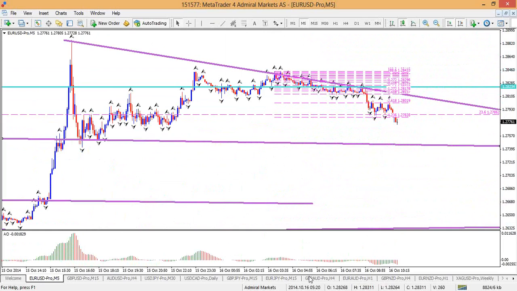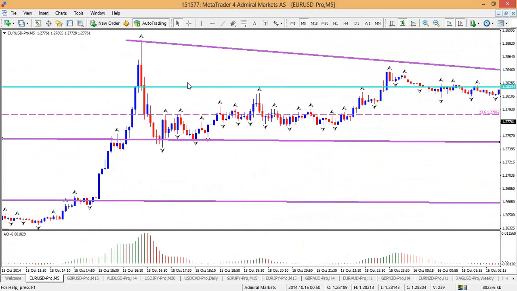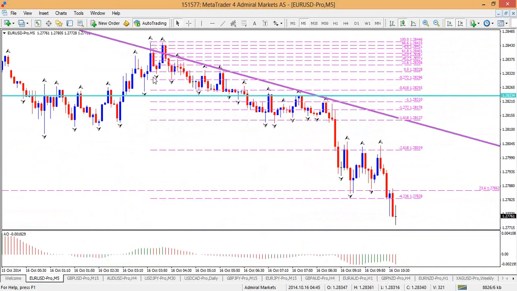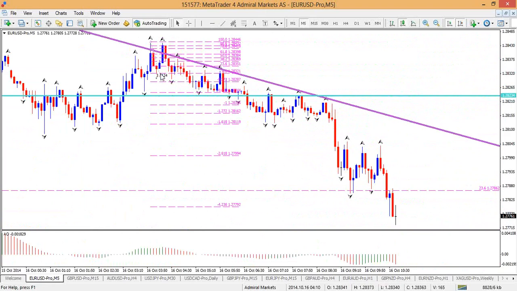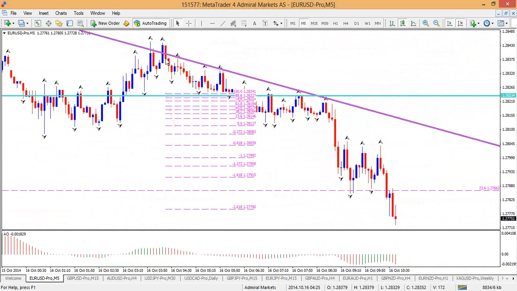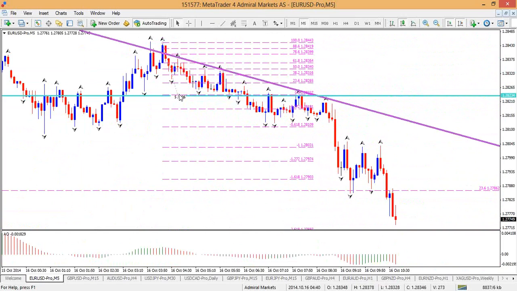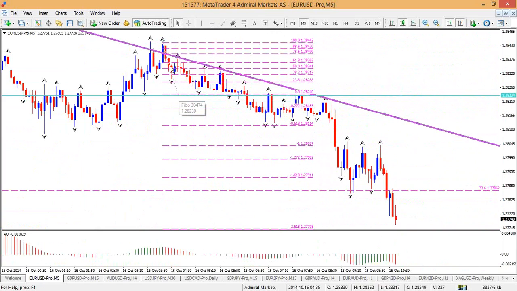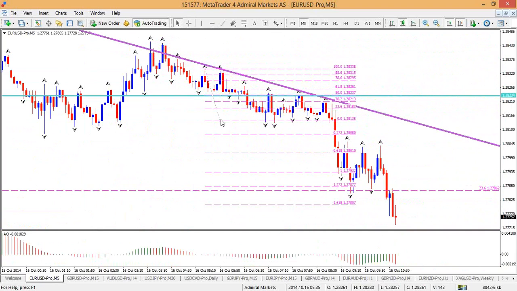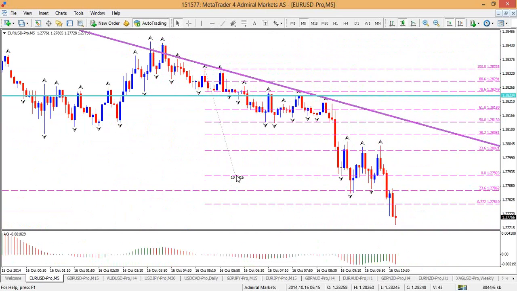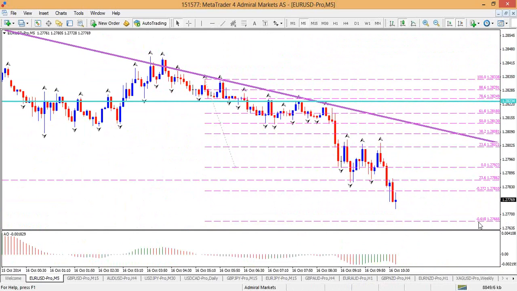Could even look on the 5-minute, but that's maybe pushing it. We could take a look at the 5 to see where that correction could end, maybe. $127.66 is the minus 618 target.